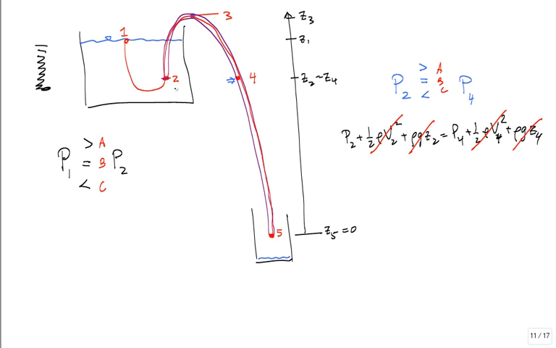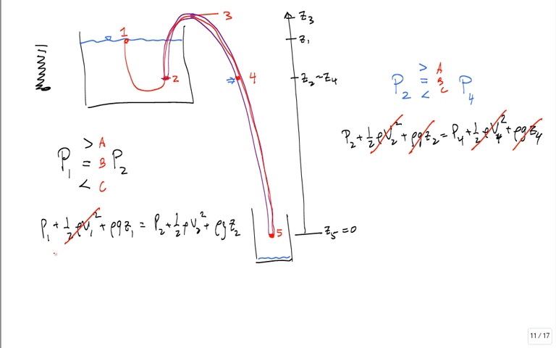So what we had was the pressure at 1, which is some energy per unit volume, plus the kinetic energy at 1, 1/2 rho V1 squared, plus rho g Z1, equal to the pressure at 2 plus 1/2 rho V2 squared plus rho g Z2. You get tired of watching me write this? I get tired of writing it. All right, so we're going to compare 1 and 2.